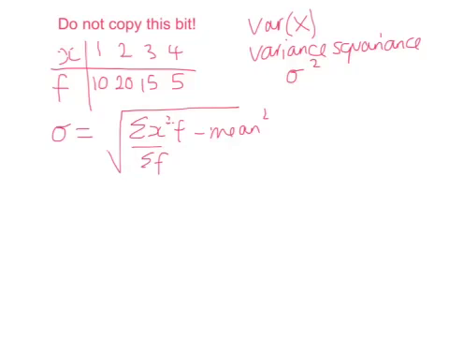So if we want the variance, what we're going to need to do is get rid of this square root sign. Okay, so we're basically finding the variance, and the symbol for the variance is that. Okay, so if this was a frequency table, what we would do is the sum of x squared times f. So I'm going to set it out a bit differently.